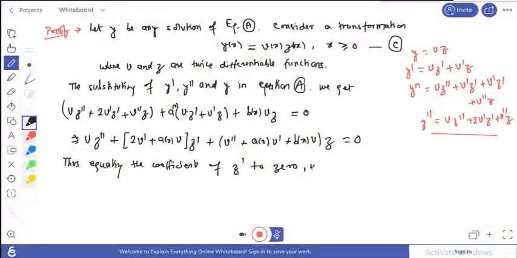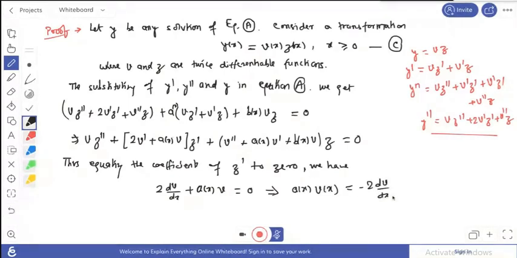So we have 2 dv over dx plus a(x) v equals 0. This implies a(x) v(x), where v is a function of x, equals minus 2 dv by dx. So this equals dv by v.